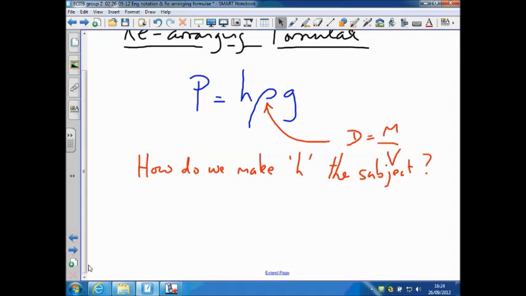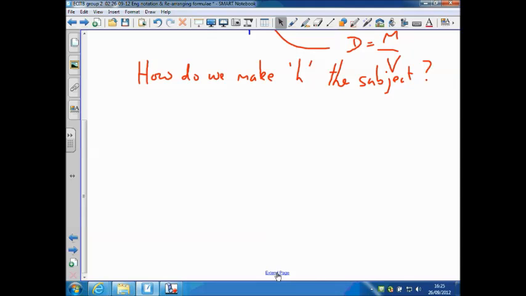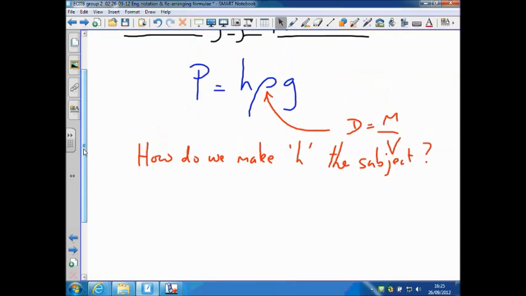There's a few ways you can think about doing it. The bottom line is the end result is always the same, but you might have your own way of rearranging formulae, and I wouldn't want to tread on that in any way. If you've got a way that works for you for visualizing it, fine. But I want to have a look at how we might do this in a couple of different ways of thinking about it.